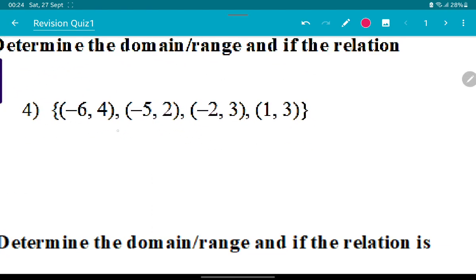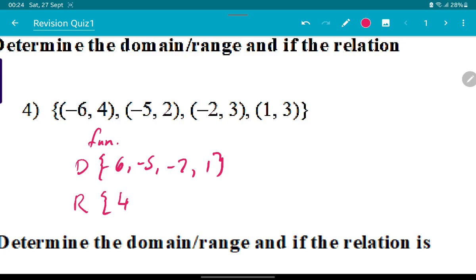In this case we see that it's a function. The domain is -6, -5, -2, 1. For the range, it's 4, 2, 3. It's okay to have two different inputs with the same output.